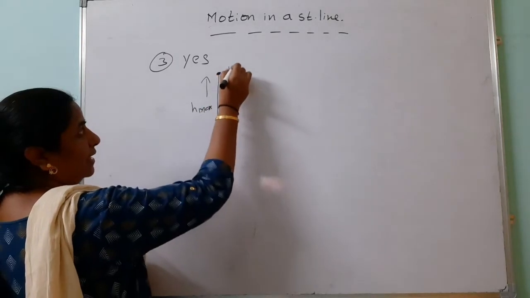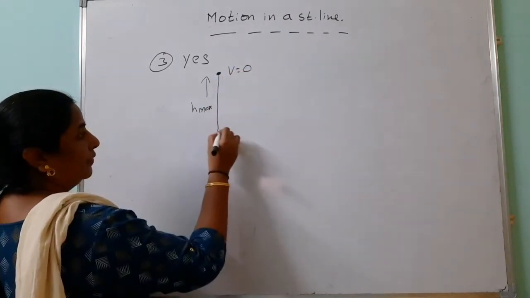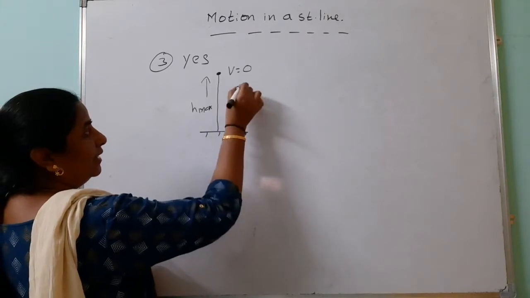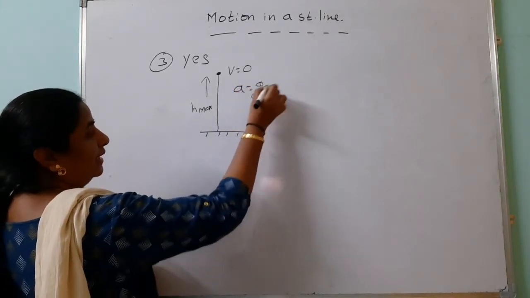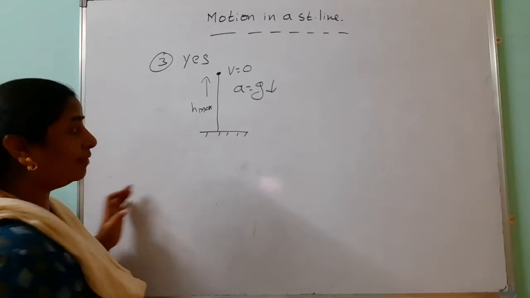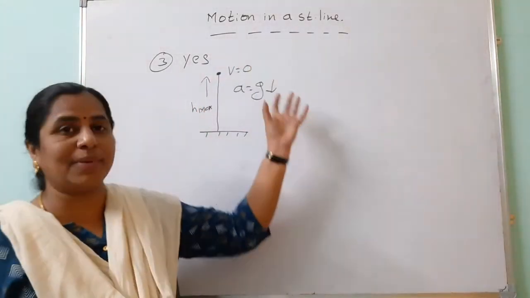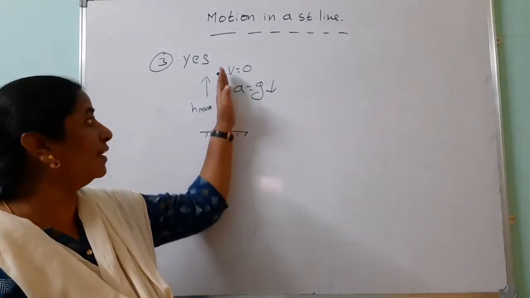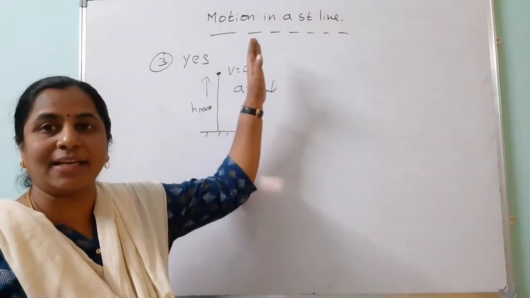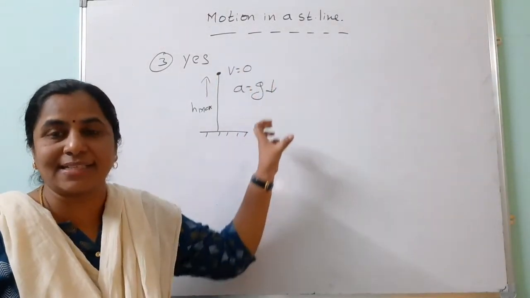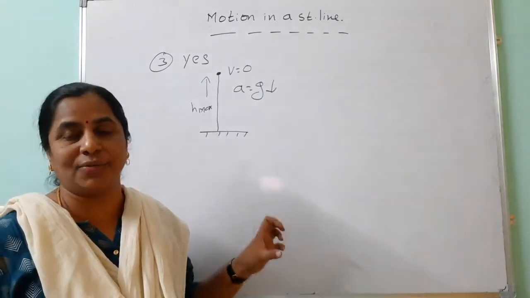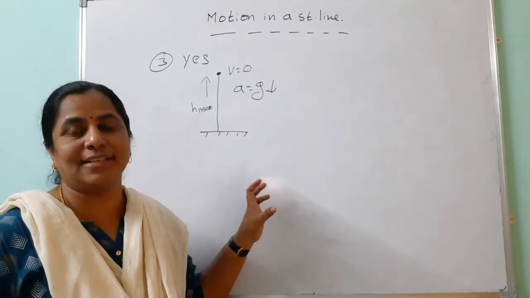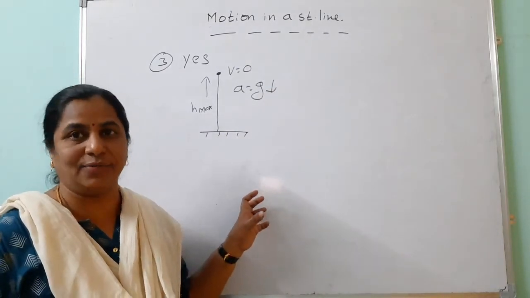The velocity is equal to 0, but acceleration due to gravity is always acting downwards. Here the velocity is acting upwards while the body goes upwards, but the acceleration due to gravity is acting downwards. At maximum height the velocity is 0, but even then acceleration due to gravity is acting downwards.